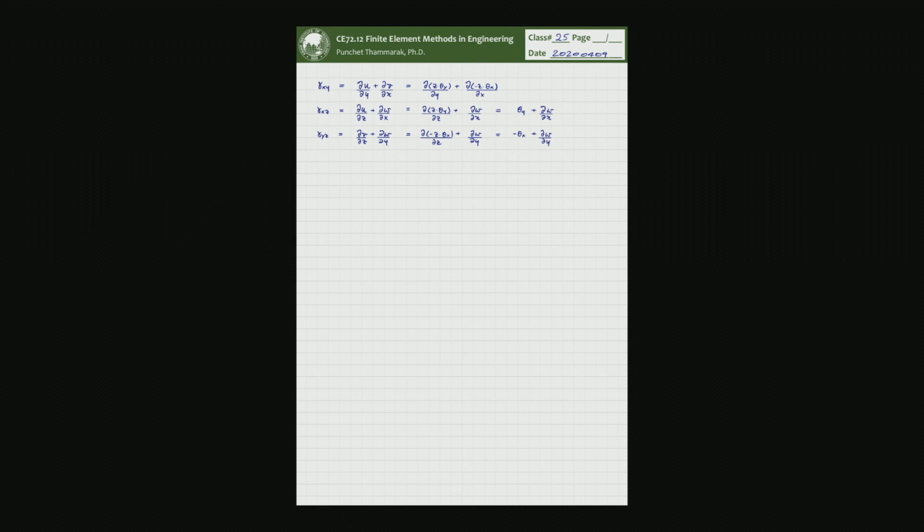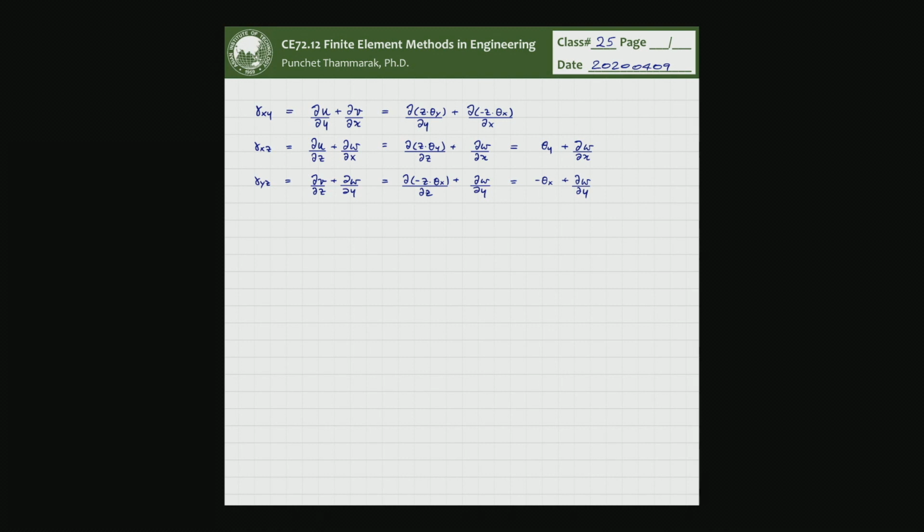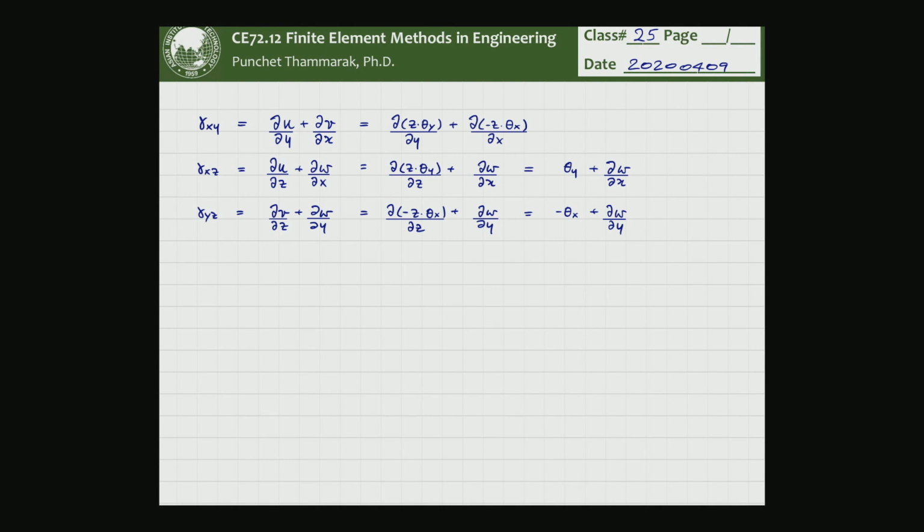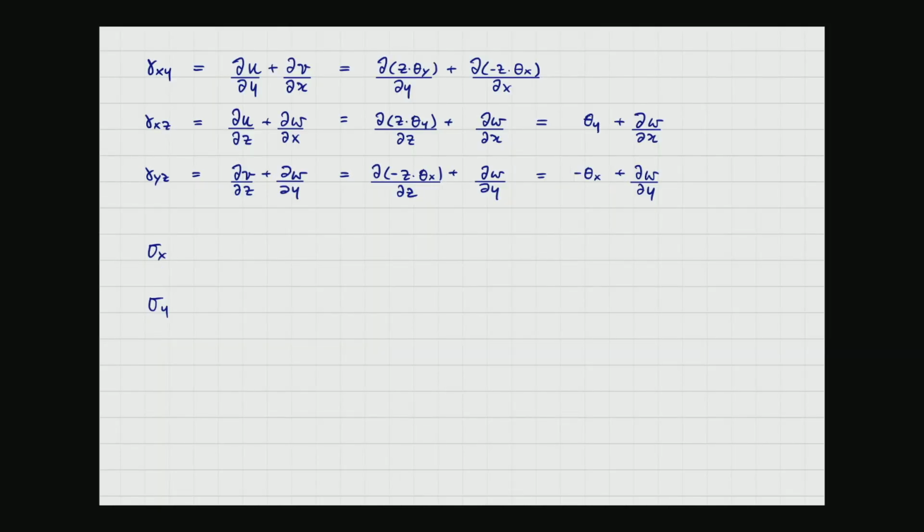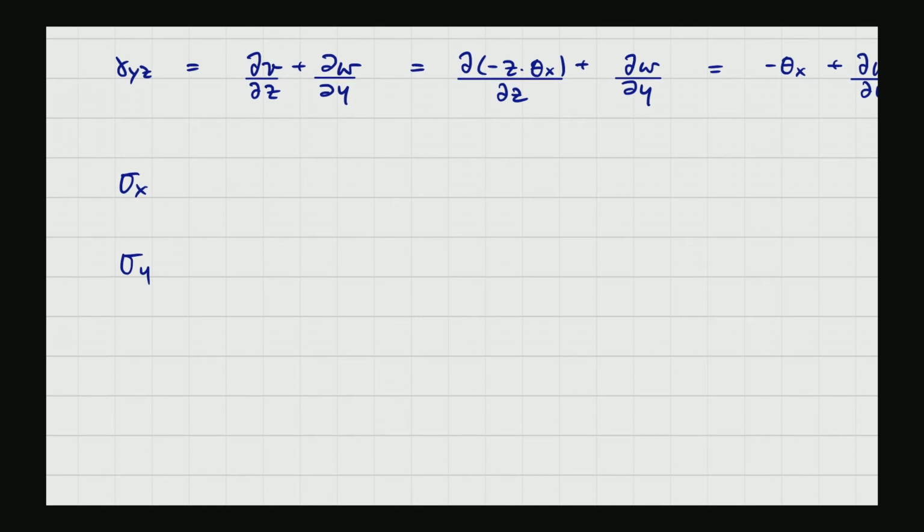And then if we want to compute stress, we have sigma X, sigma Y, and tau XY. All these stresses are in plane, and they are associated with the bending part.